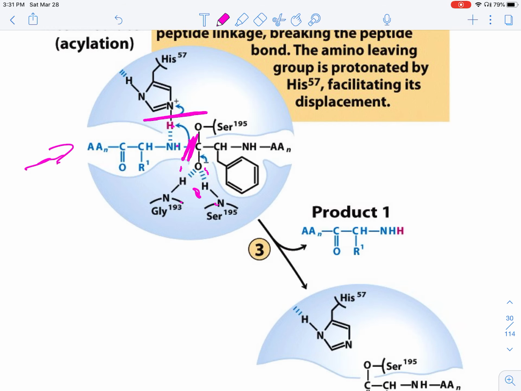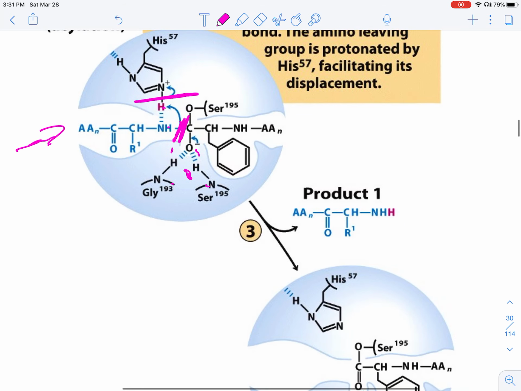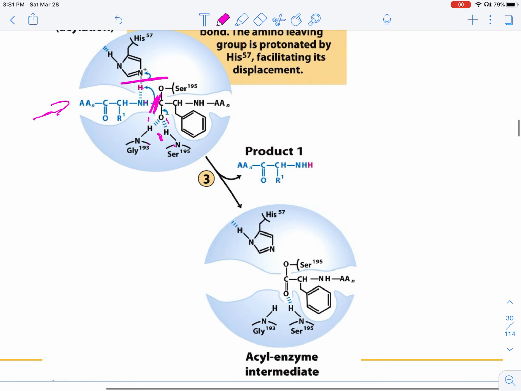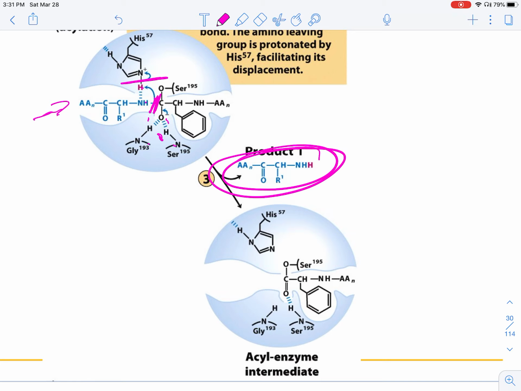It's donating hydrogen to the substrate. So now you formed a product here. You've clipped the polypeptide. Half of it has gone away via this NH2, and you're left with what? A deprotonated histidine. You have half of your polypeptide that is still covalently attached to the active site of the enzyme.